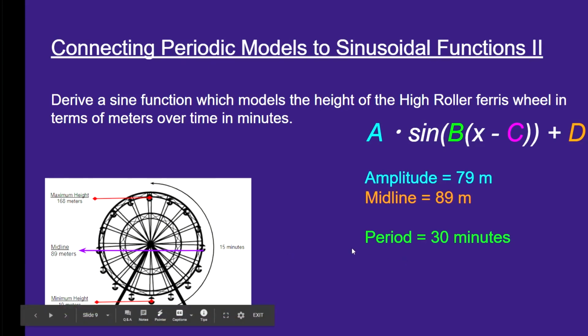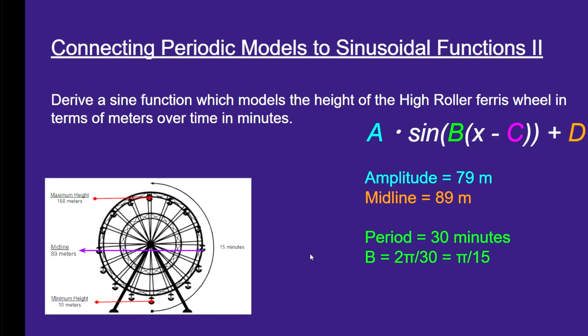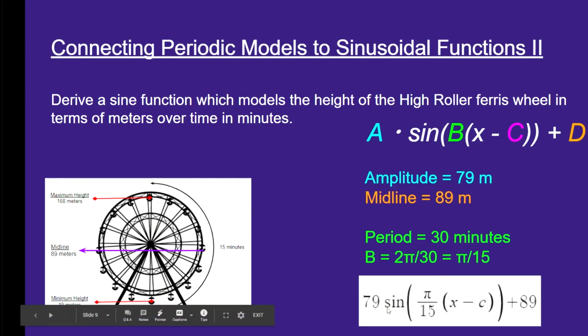So if my period is 30 minutes, then my b value is 2 pi divided by 30, which is going to be pi over 15. And so if I plug these all in, 79 goes for A, 89 goes for D, pi over 15 goes for B, and I get 79 sine of pi over 15 x minus c, plus 89.